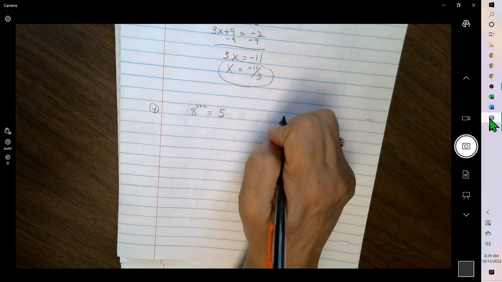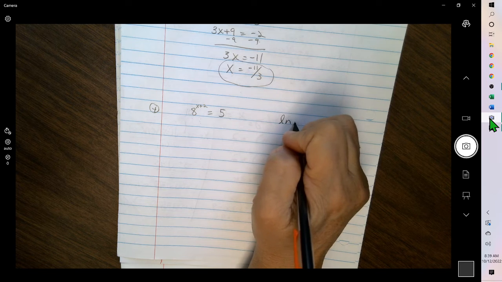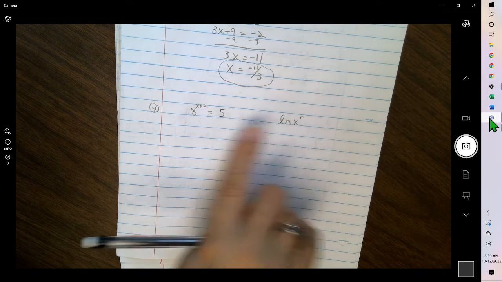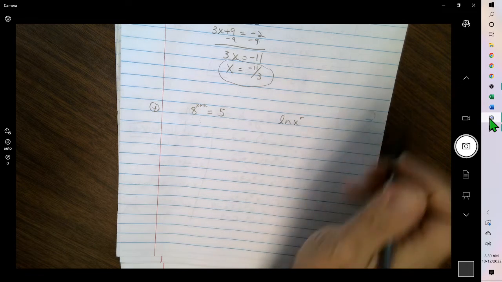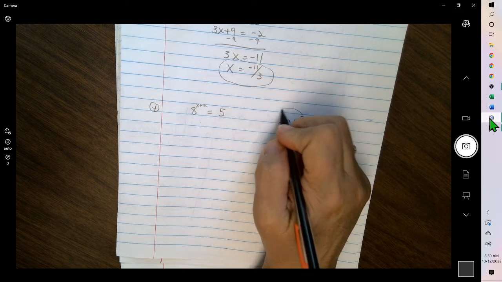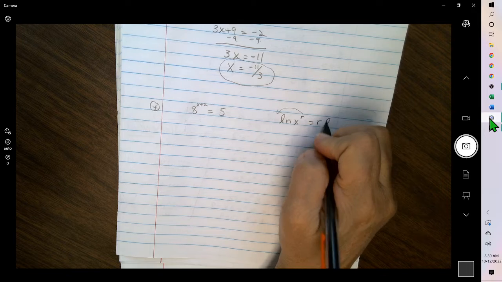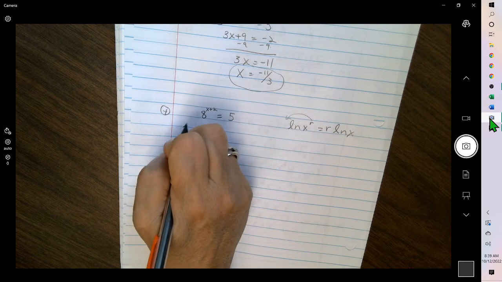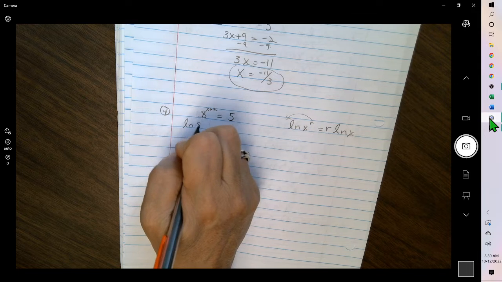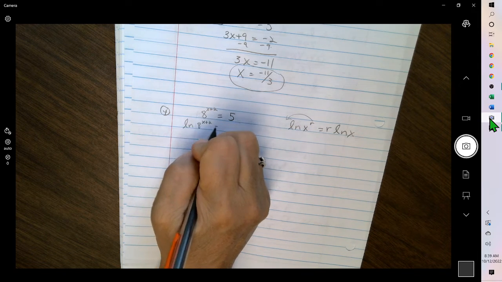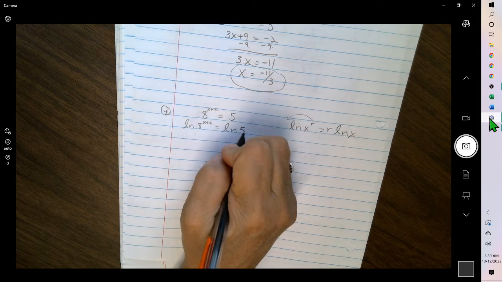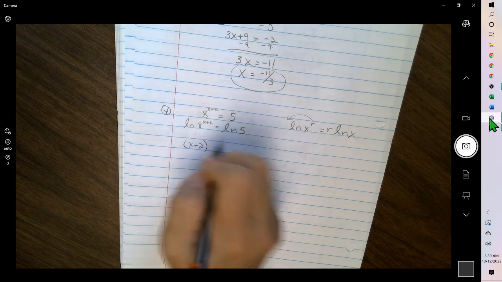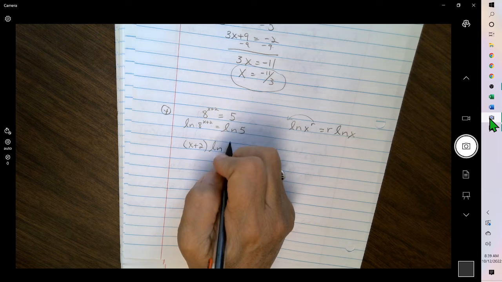The reason the natural log is nice, if we have an exponent like we do here, we can bring that down in front. So if we take the natural log of both sides, then this exponent, x plus 2, can come down in front.